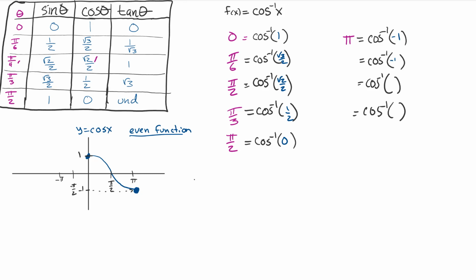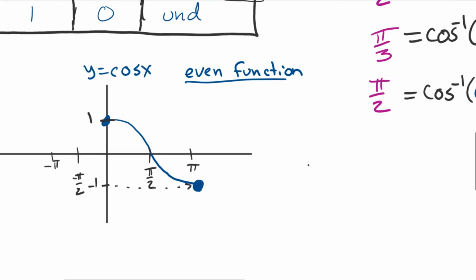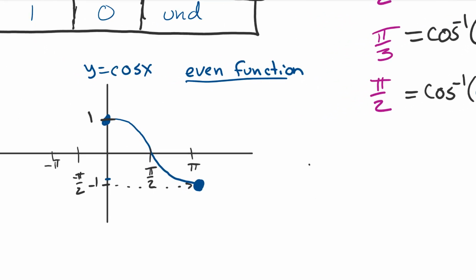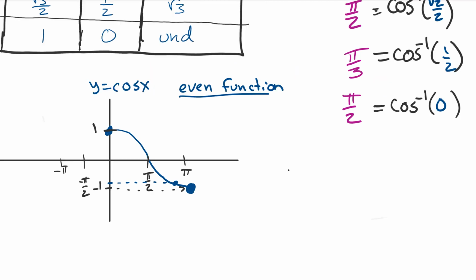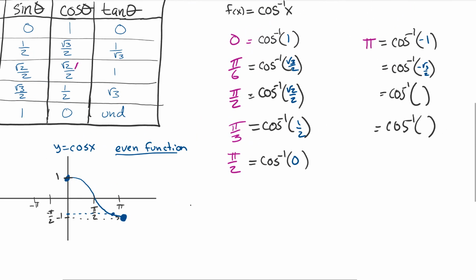Let's look at negative root 3 over 2. It would be about right here. Go over here, and it's somewhere in between pi over 2 and pi. It's 5 pi over 6. Maybe I will explain it.